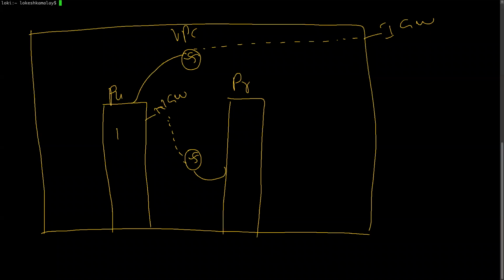So if a machine from public wanted to download anything from the internet, it can go to the second route we have added to the internet gateway. And the private machine, if it wants to download something from the internet, then it uses the NAT gateway to download the stuff from the internet.